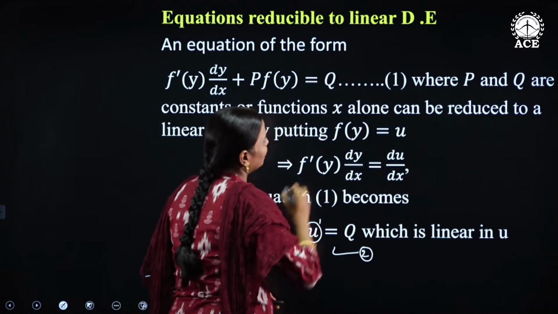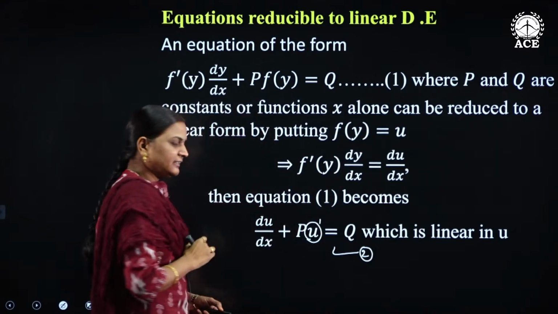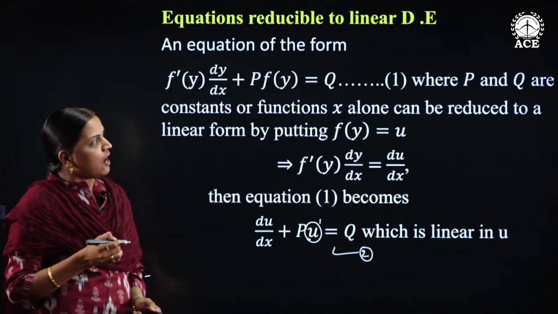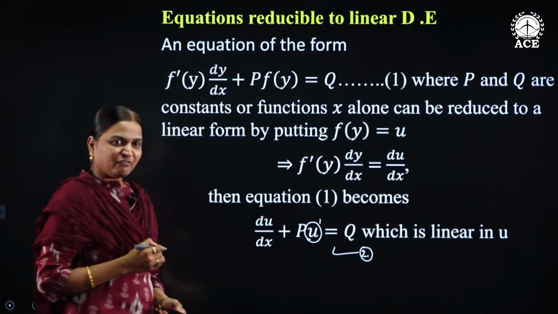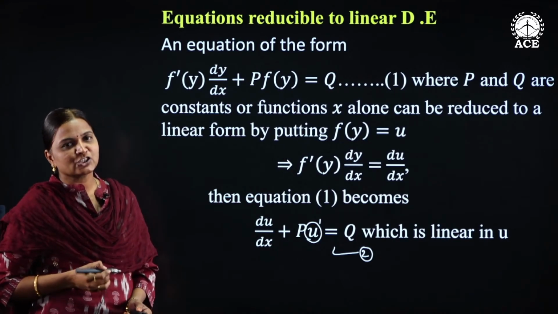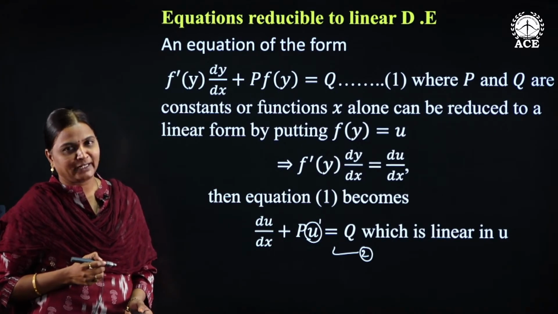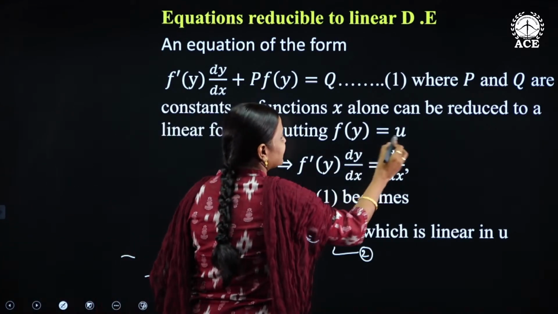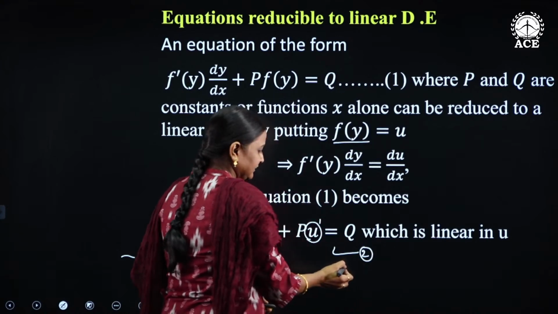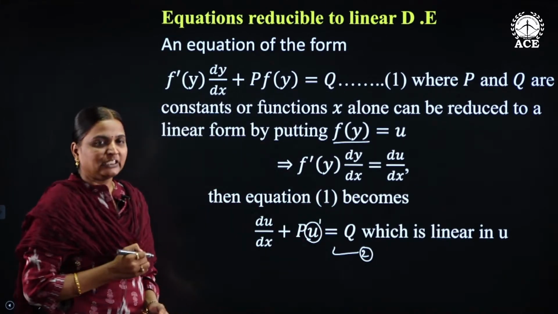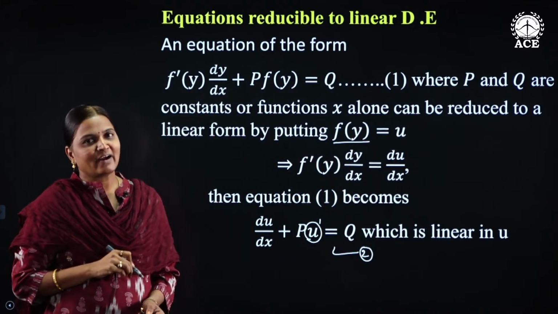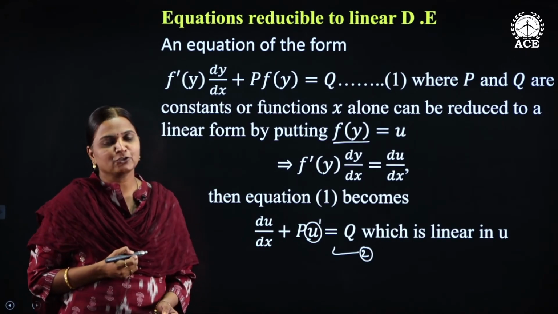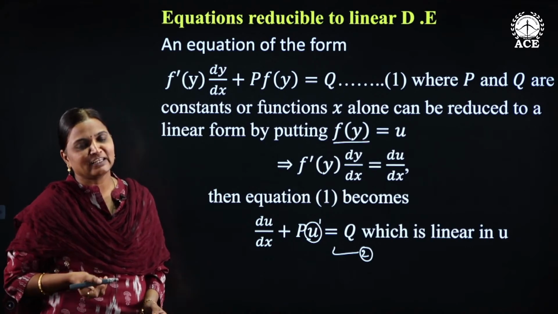If we take equation 2, first write the general solution of equation 2 using the linear procedure. But how to write the general solution of the given differential equation? It is obtained by substituting u is equal to f of y in the general solution of equation 2. That last equation is the required general solution of the given equation. This is the procedure to reduce equations into linear form.